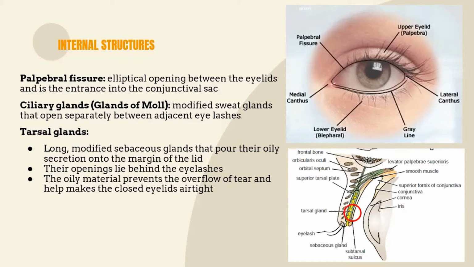The tarsal glands are long, modified sebaceous glands that pour their oily secretion onto the margin of the lid. Their openings lie behind the eyelashes, and the oily material prevents the overflow of tears and helps make the closed eyelids airtight.